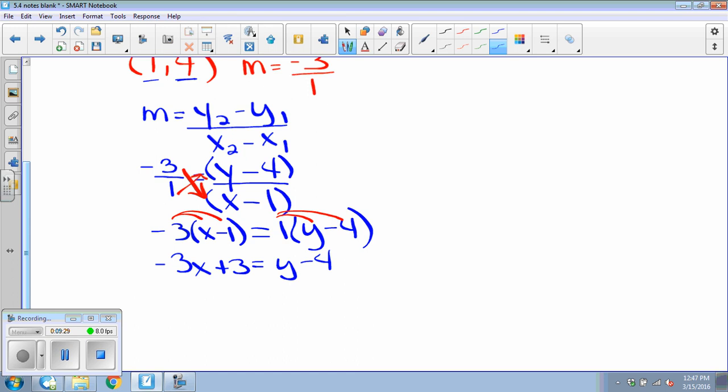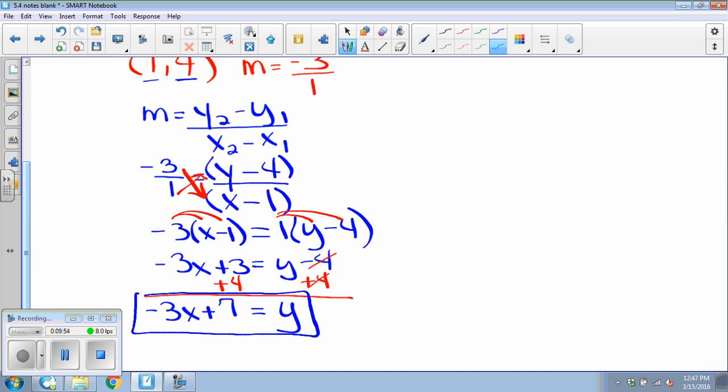This one's actually easier than the problem before. If we're going to get y by itself, what's the only thing I need to get rid of? Then I have to get rid of that negative 4 by adding 4 to both sides. So y equals negative 3x plus 7. So that's my equation.